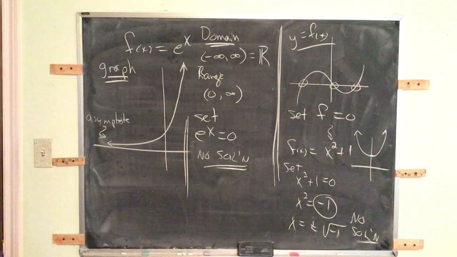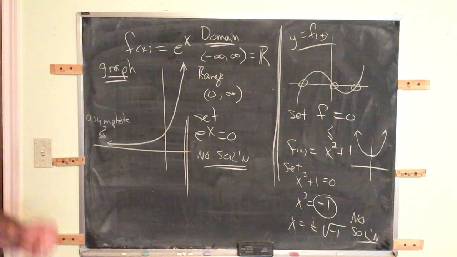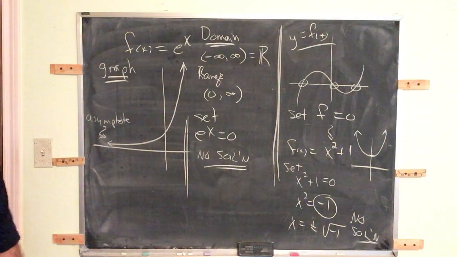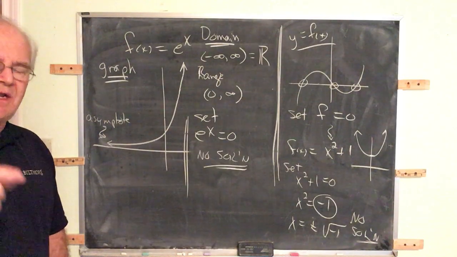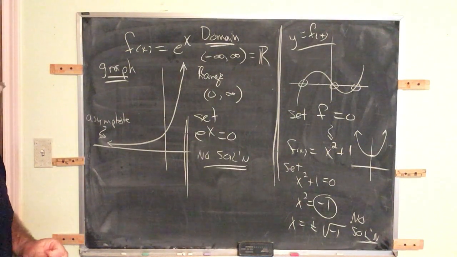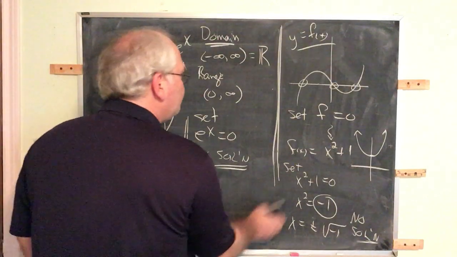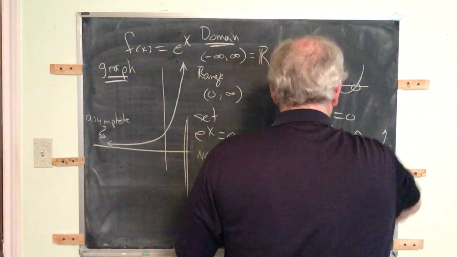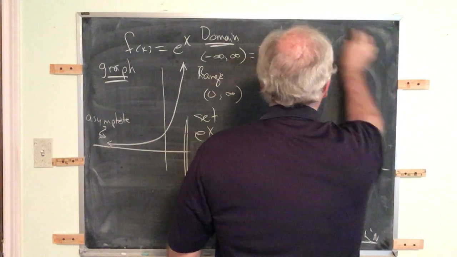If you set e to the x equal to 0, that equation has no solution. That needs to go into your brain, and you keep it there when you need it for the calculus sequence. Because this is the kind of thing that you will encounter.